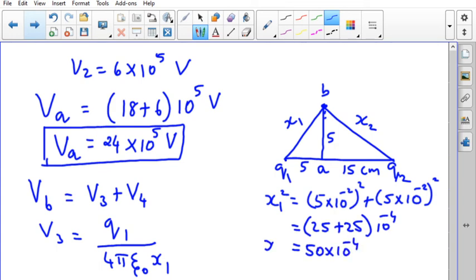This is the value of x1 squared, but we need x1. Therefore x1 is equal to 5 root 2 into 10 power minus 2 meter. So substitute the value of x1 here. What will you get?